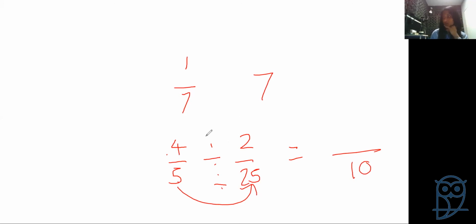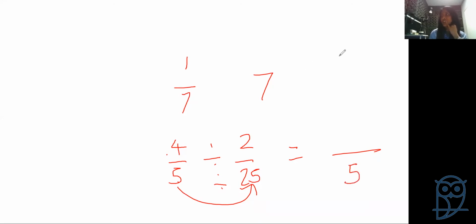Then what should I do? Sorry, not 10. What am I doing? Yes, the next thing we do is swap it upside down. Sorry, first guys, I just want to clear this. I don't know why I wrote it; it's supposed to be 5.